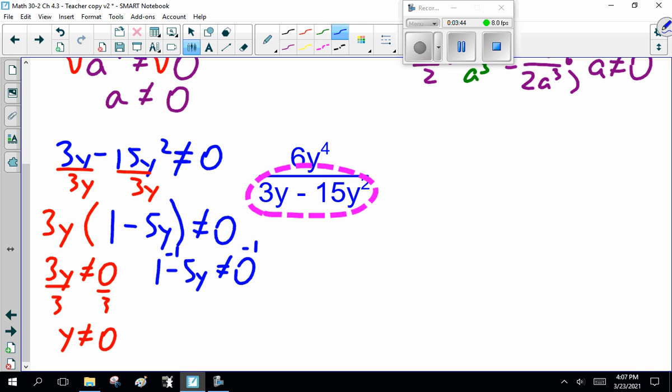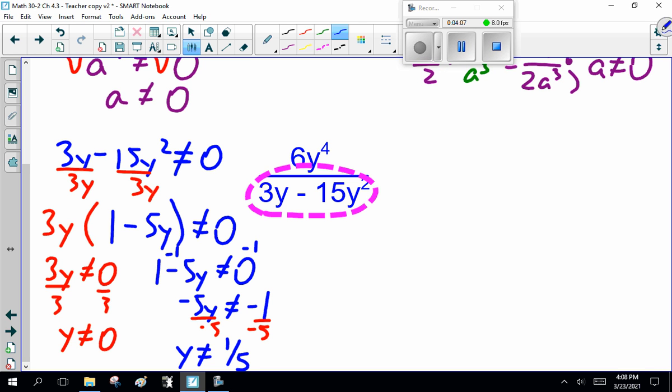Subtract 1 from both sides. Minus 5y can't equal minus 1. Divide by minus 5 to get the y all by itself. And y cannot equal 1/5. Okay, because if I put in 1/5, then all of a sudden it equals 0, and we can't divide by 0.